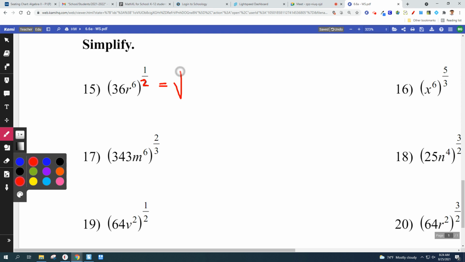So we're looking at the square root of 36r to the 6th power. You guys got kind of good at these problems the last few days. Square root of 36, well, I know the square root of 36, right? Square root of 36 is 6. And then you're like, well, this root index of 2 goes into 6 3 times evenly with nothing left over.